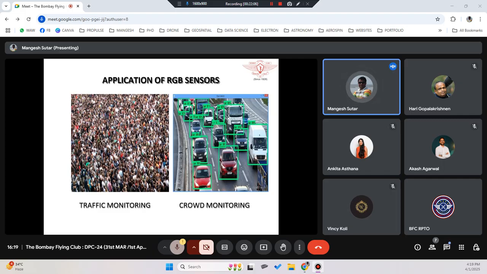They were not actually capturing the face of each person, but they were trying to find out how many people were there on a particular date at a particular location. So with rough estimation, we always see 10 lakh people visited, 20 lakh people visited, 30 lakh people visited. These numbers were coming more from this kind of data.